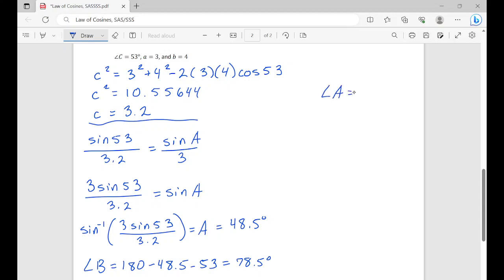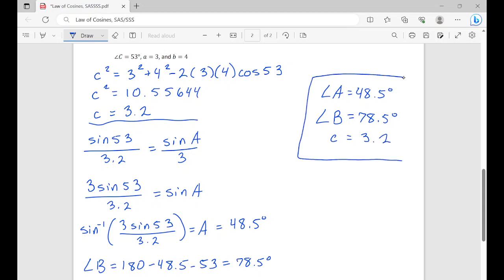Angle A, 48.5 degrees. Angle B, 78.5 degrees. And side C, 3.2. And that's the leftover sides and angles that we're missing from this problem.